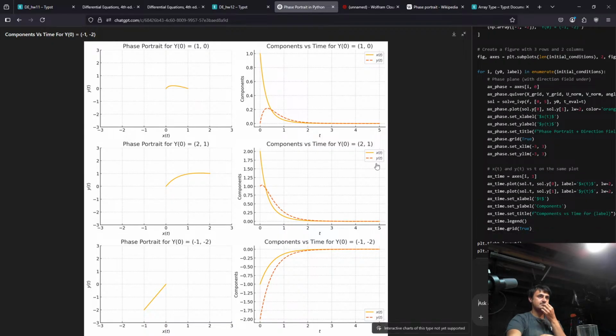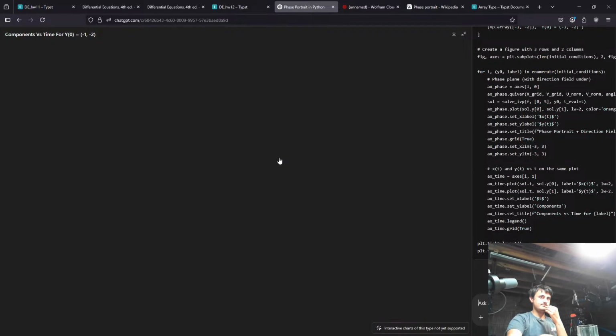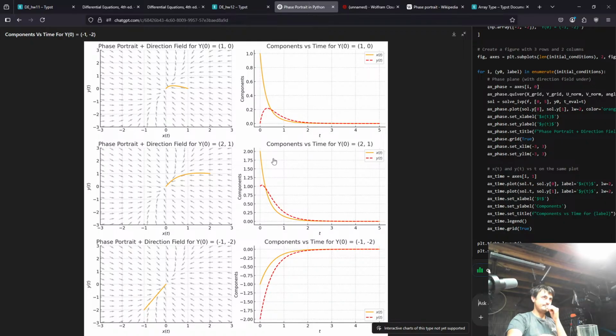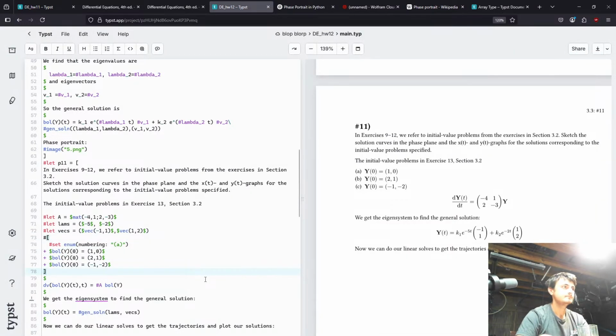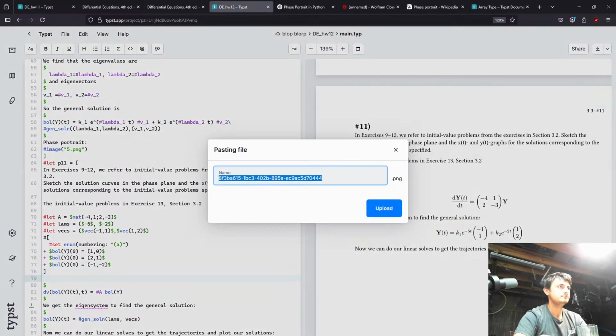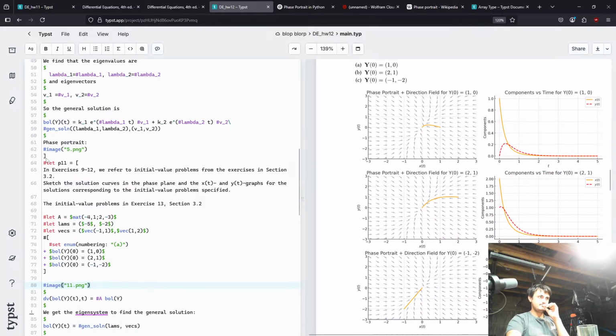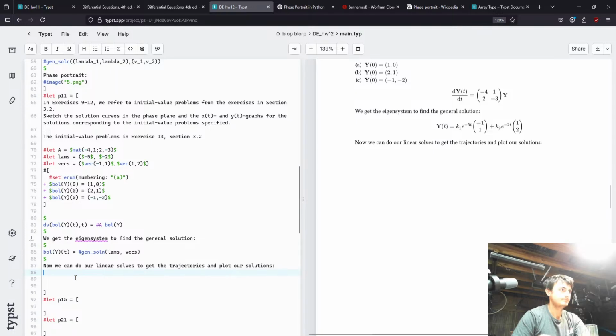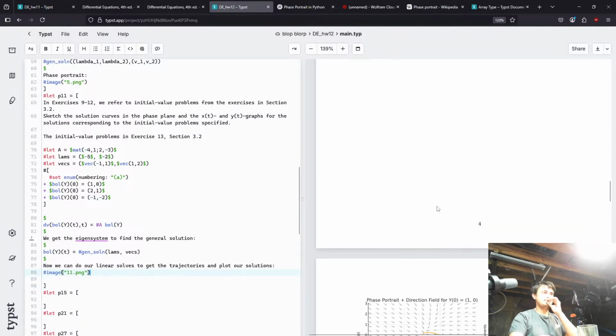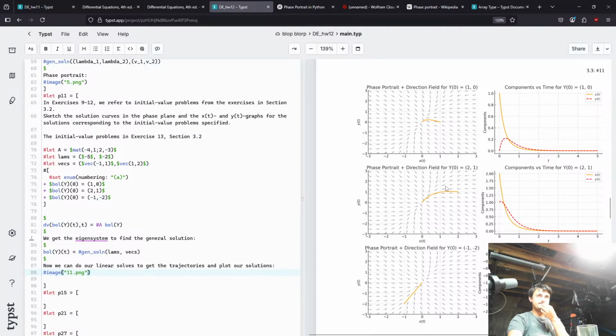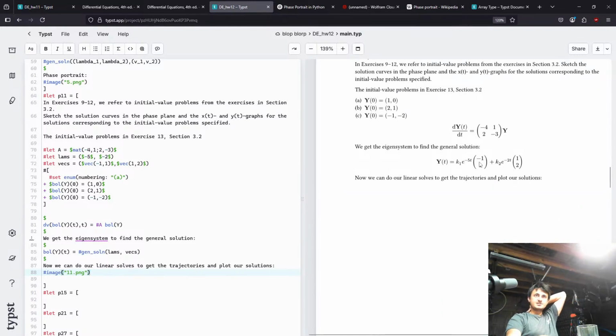It's awesome. Let's just see if the eigenvectors line up.